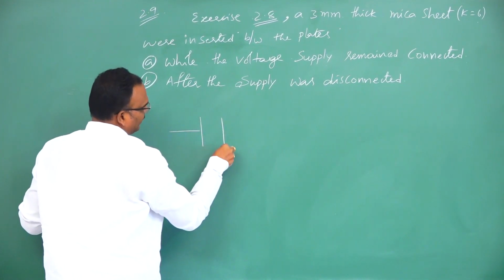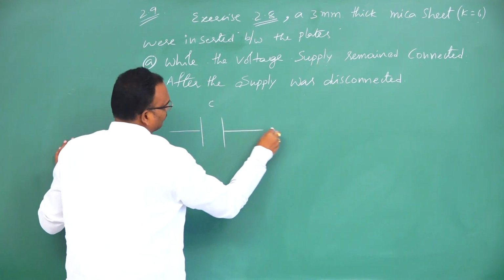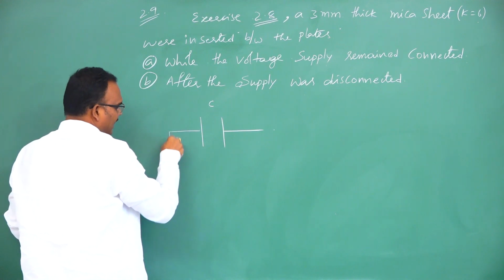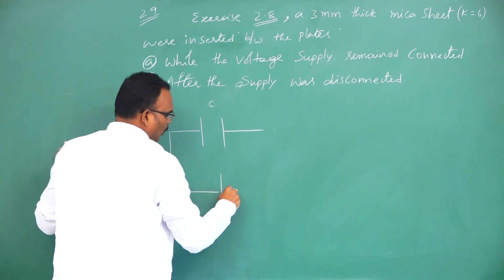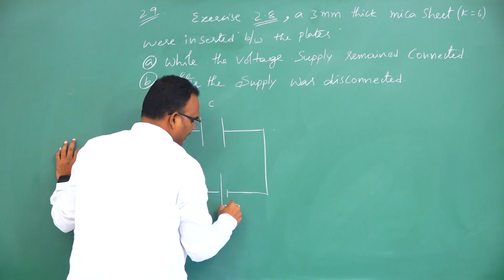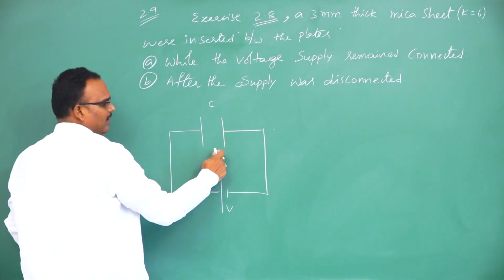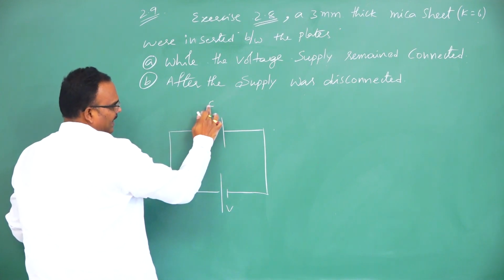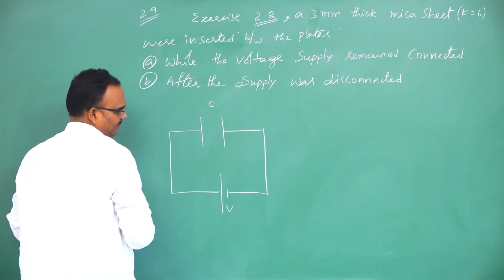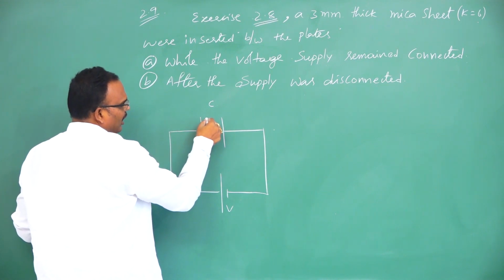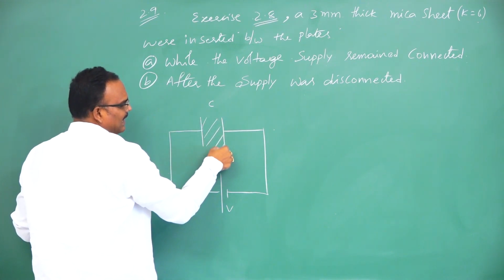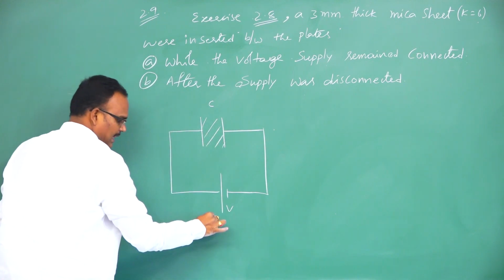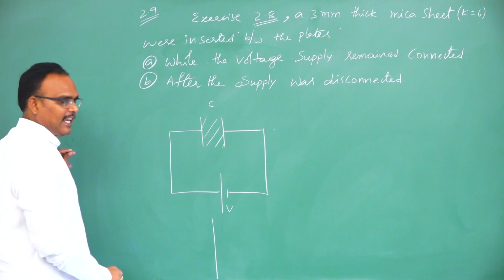This is a capacitor of capacitance C. When it is connected to a cell of V volts, it stores V voltage here. It stores Q charge here. It develops E electric field here. Now if we introduce a dielectric slab in the presence of the source, see carefully here.